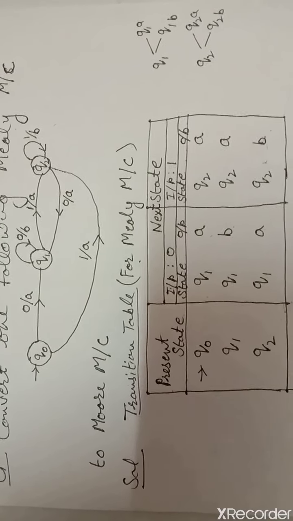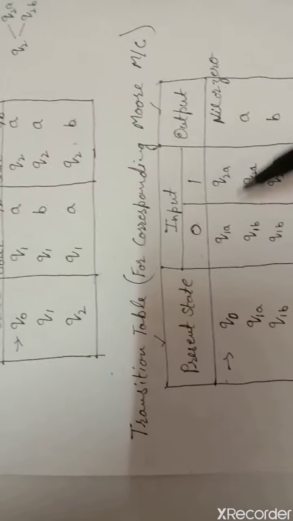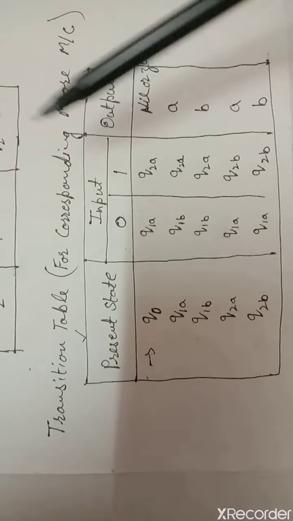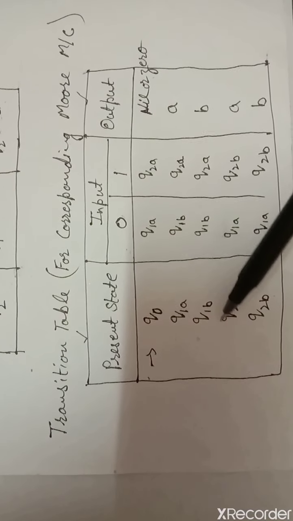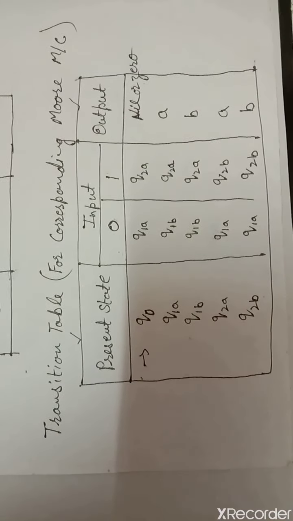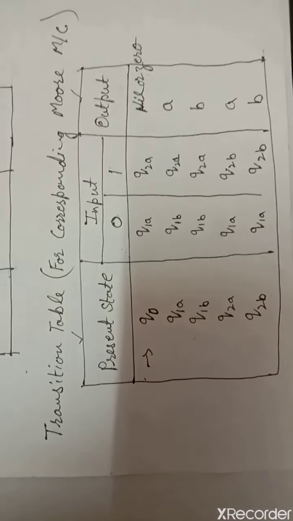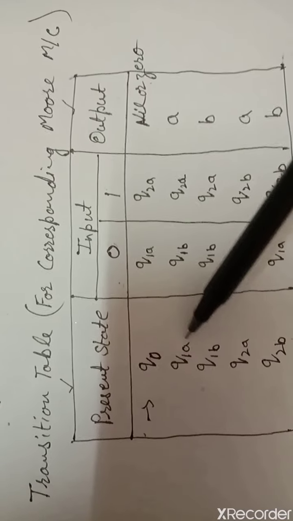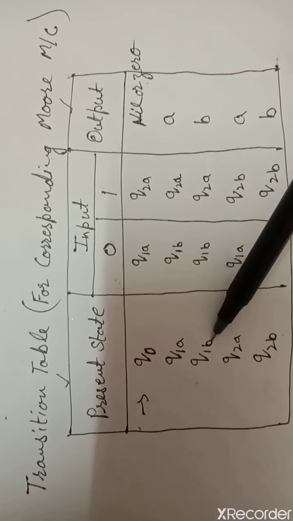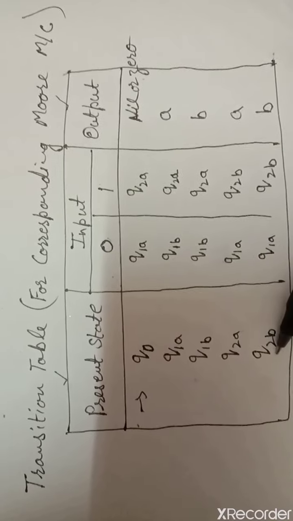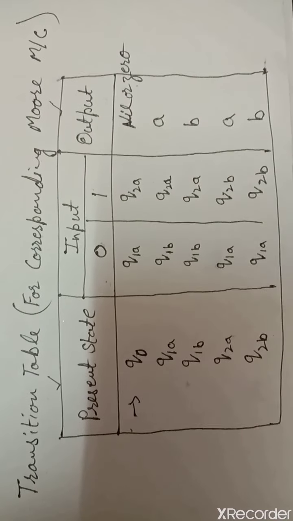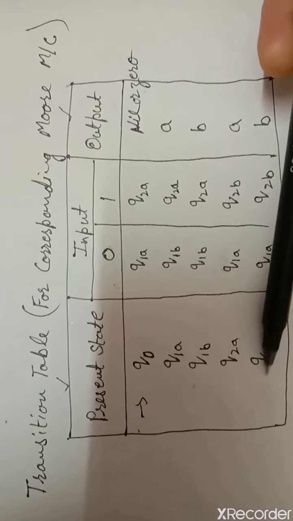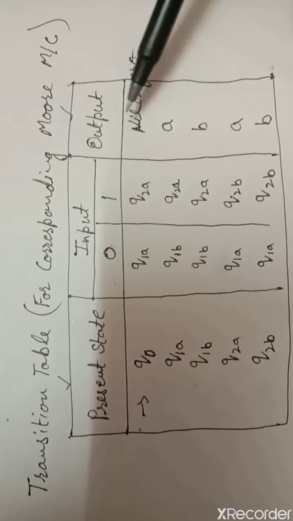So now we construct the transition table for the corresponding Moore machine. So first we have already split Q1 into 2 different states and Q2 into 2 different states. So we have now 5 states: Q0, Q1 with output A, Q1 with output B, Q2 with output A, Q2 with output B. So there are 5 states in the Moore machine and now we write the output.